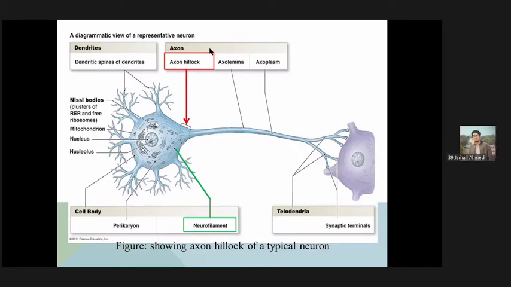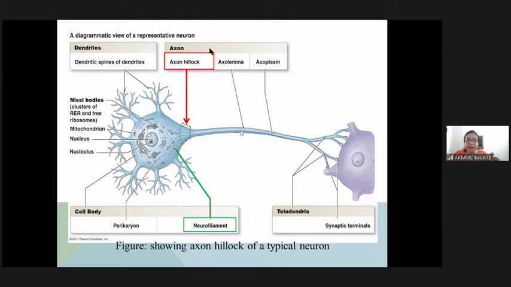Cell membrane, plasma membrane, or plasmalemma. Okay, and this is the axon. Cytoplasm inside the axon will be known as axoplasm.